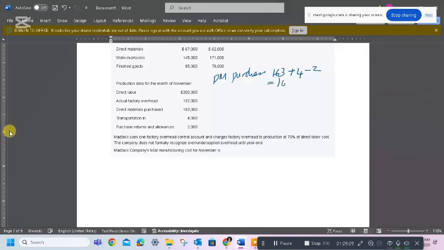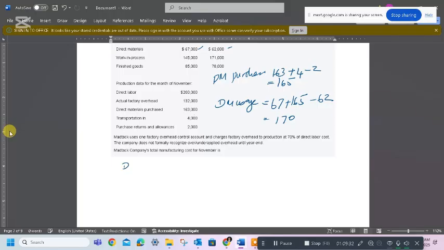So 165 is the purchase. Then usage will be opening stock 67 plus purchase 165 minus closing stock 62. So usage is 170,000.